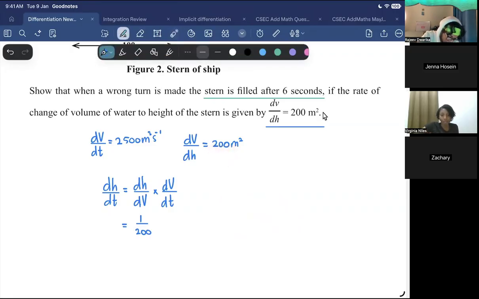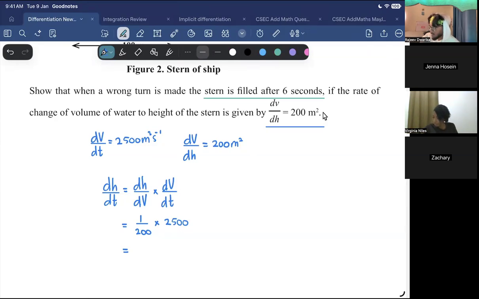Okay. And we're going to multiply that by dV/dt. Which is 2,500. And what would you get? 25 over 2.